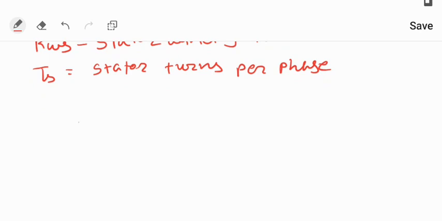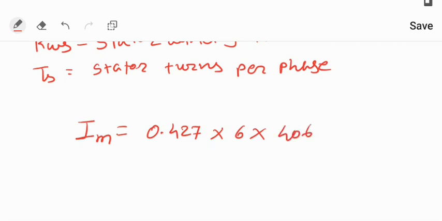the magnetizing current IM is equal to 0.427 into P into AT60 divided by KWS TS. Okay, so we just put the values of all those data. 0.427 into P, the number of poles, which is given as 6. AT60, the ampere turn for the air gap, that is 406.